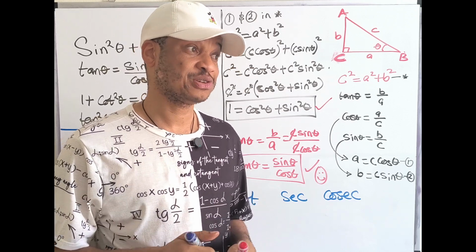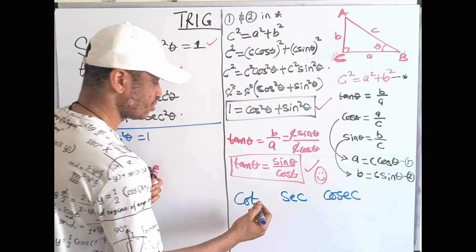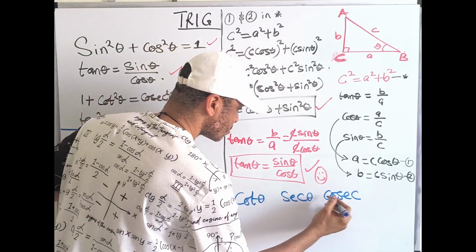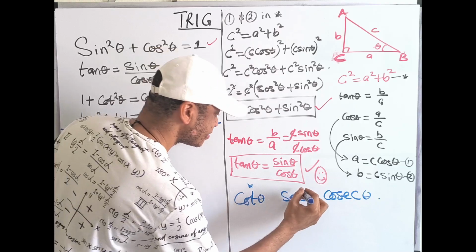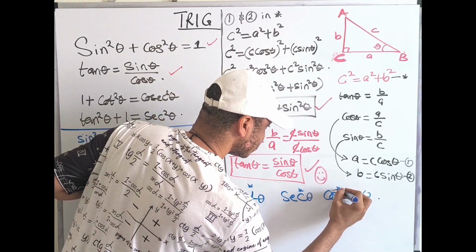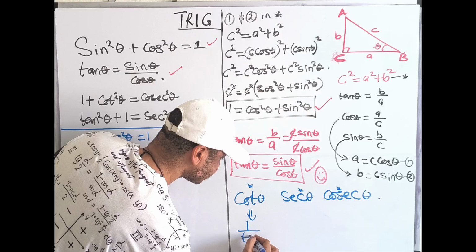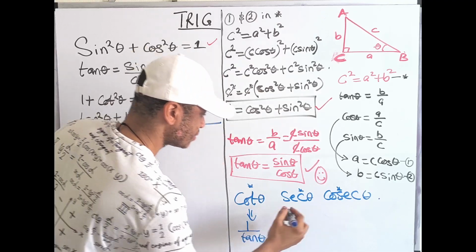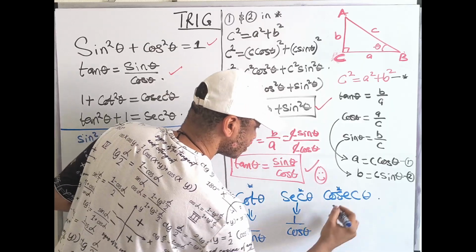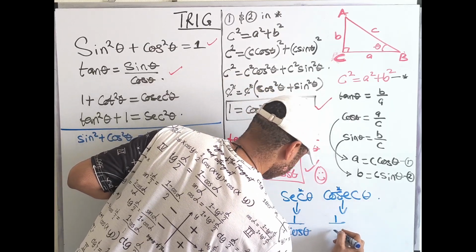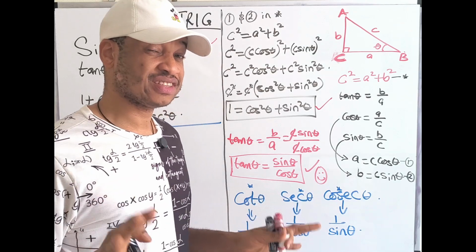Don't waste your time to know what these are, just use the third letter. So cot is 1 over tan theta. Sec is 1 over cos theta. Cosec is 1 over sine theta. So easy. Just use the third letter.